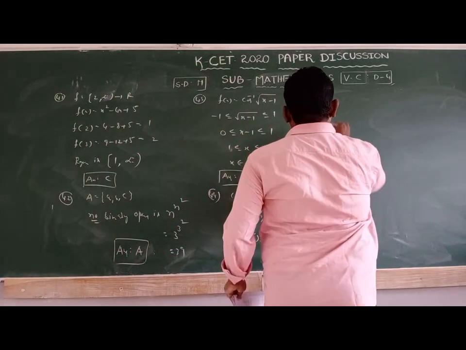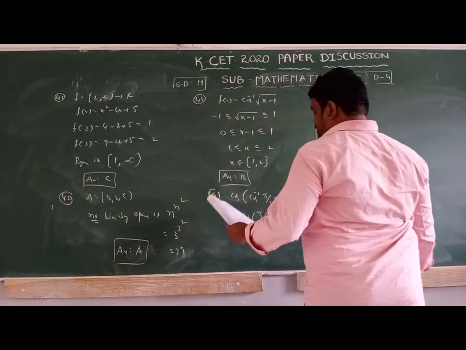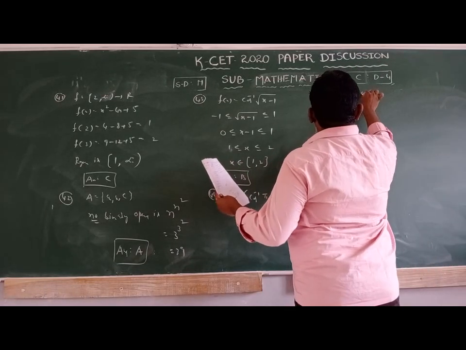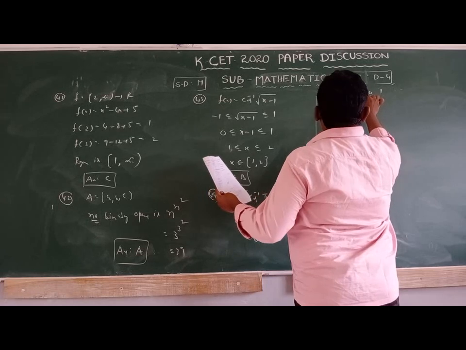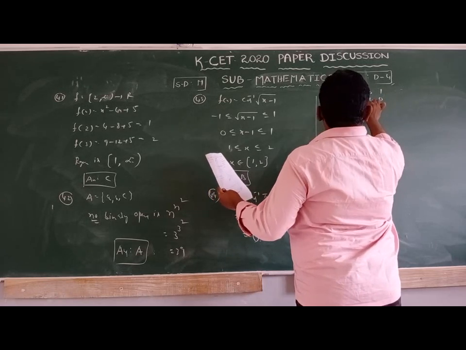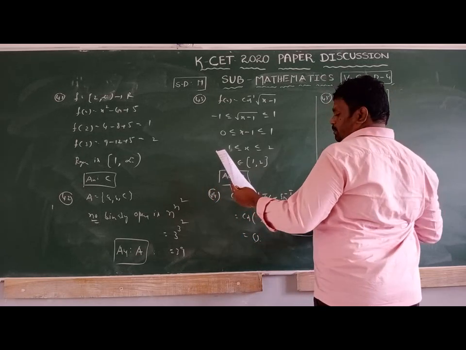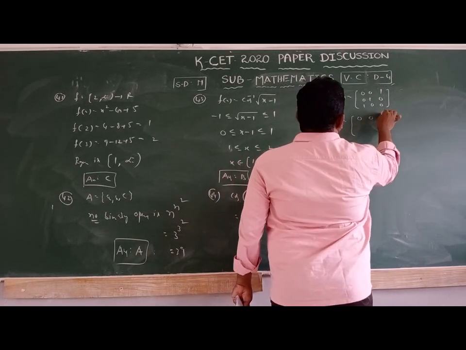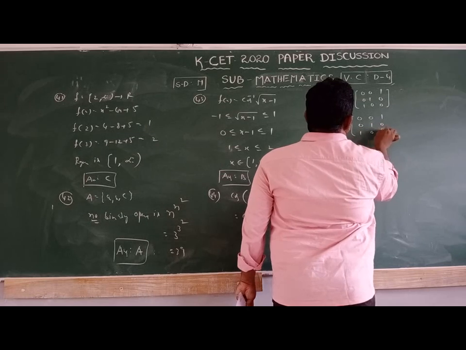Next 45. Here a matrix is given, A is equal to [0 0 1; 0 1 0; 1 0 0].